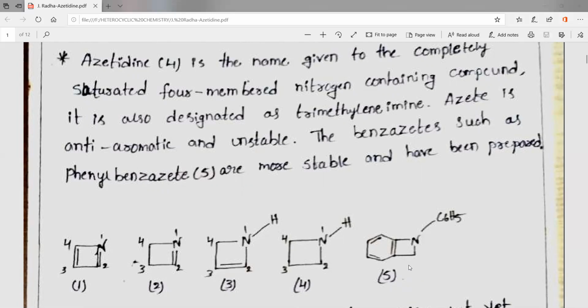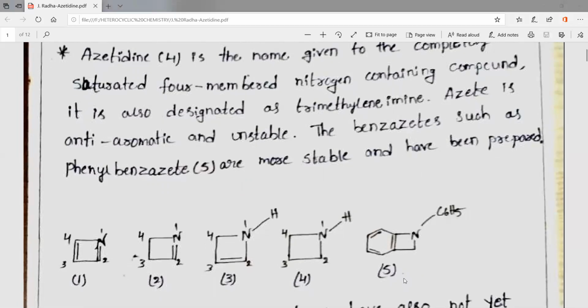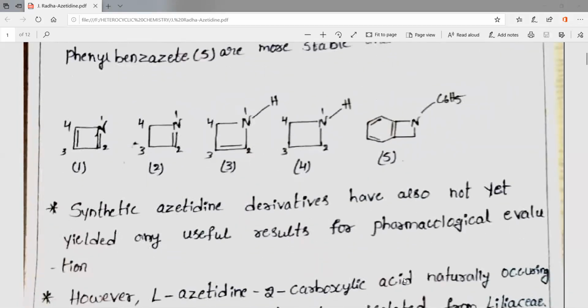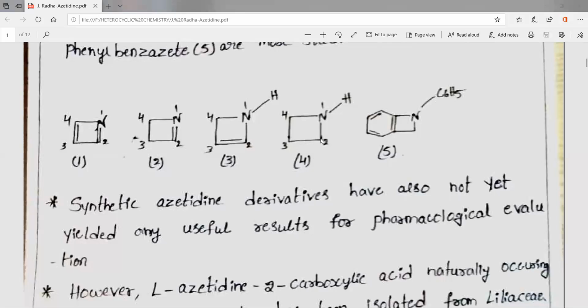So benzazets are stable compared to the azet. Structure 1 is azet, structure 5 is benzazet. However, here we are concerned with the synthesis and reactivity of azetidine, that is structure 4, the completely saturated form.